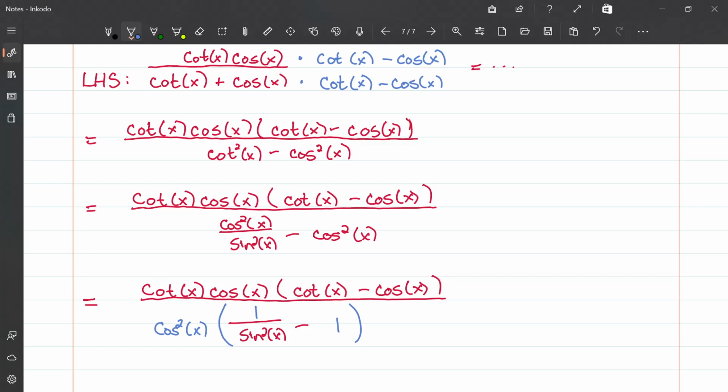It looks to me like what I should do is combine this fraction and this 1, so I'm going to modify the 1 just a little bit. Specifically, I'm going to look at this as 1 divided by 1, and I'm going to multiply the top by sine squared and the bottom by sine squared, so that way I haven't changed the value of this fraction, but I've got a common denominator.